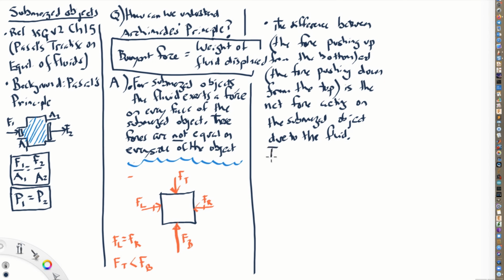And this is exactly what we mean by the buoyant force. That is the buoyant force.